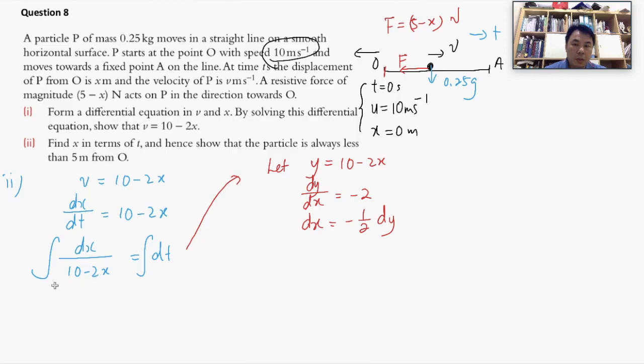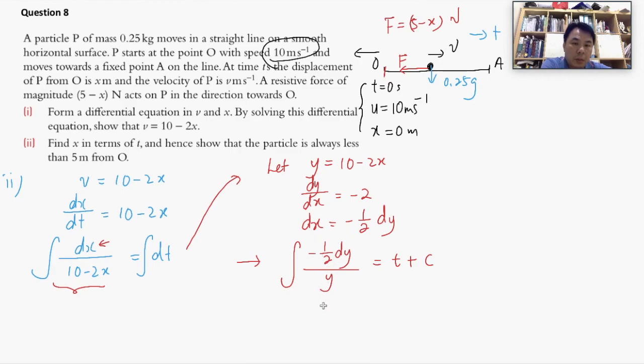So therefore, this section here will become negative half dy over y here, equal to the right hand side, whose expression will be much easier to integrate. That is basically just t plus c.